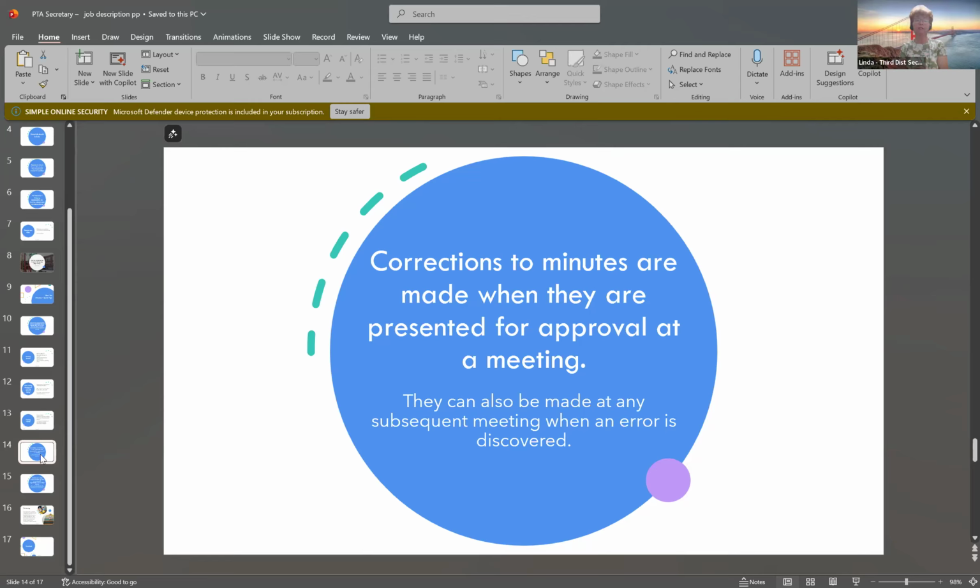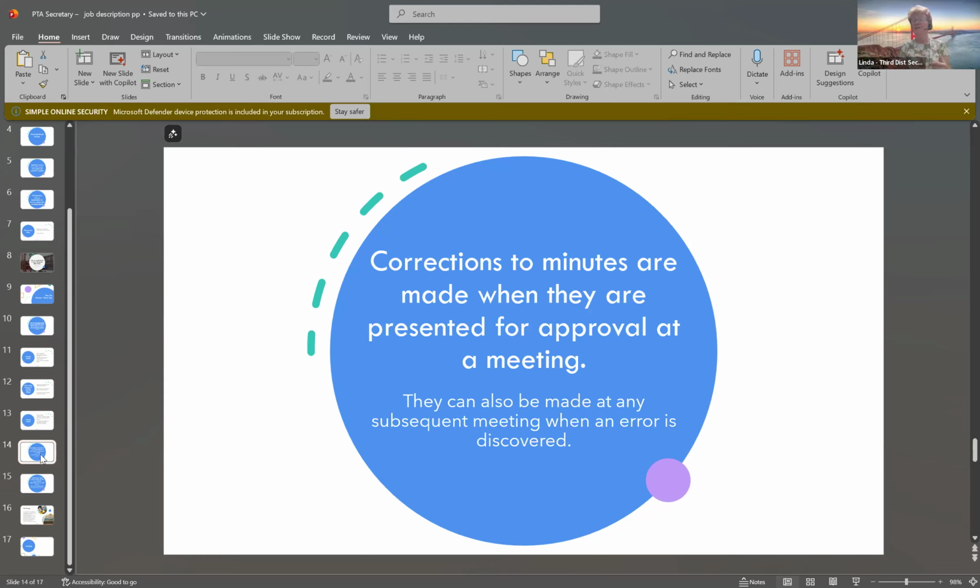If there are corrections, name spellings, maybe a dollar amount with the treasurer, maybe check numbers, if somebody catches those, and hopefully they will, those are all things that can be corrected. And it's important to acknowledge those corrections. They also can be made at any subsequent meeting when an error is discovered. So just know that minutes are ongoing.